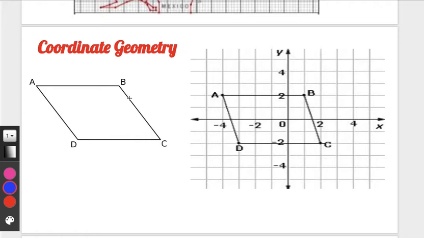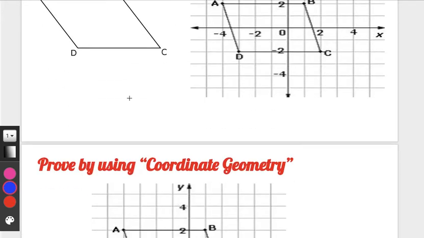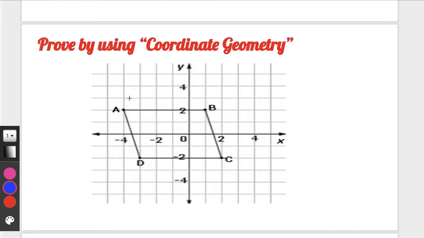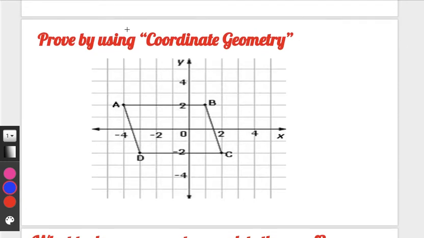So you may wonder now, how do we actually do this proof? You just keep saying we have to use coordinate geometry. So what are we going to use? That's exactly the focus of today. When we say using coordinate geometry, we are actually using the coordinates of the points. We read the coordinates of the points, and then we choose a proper formula.